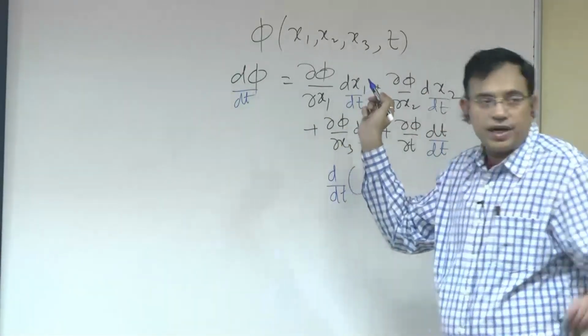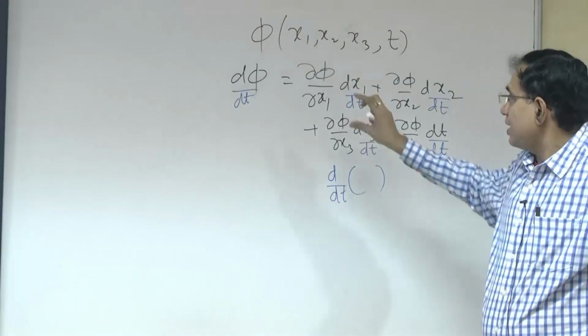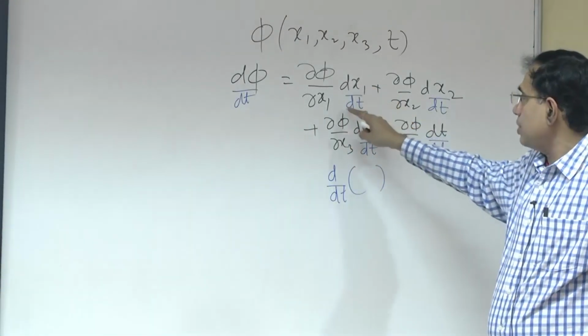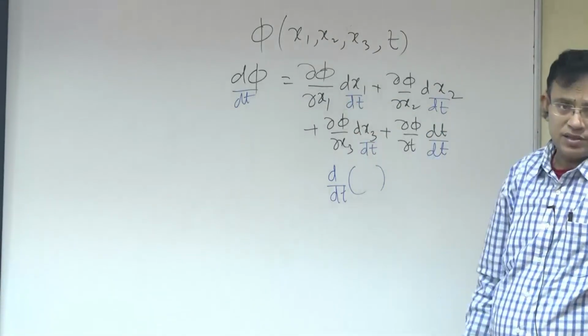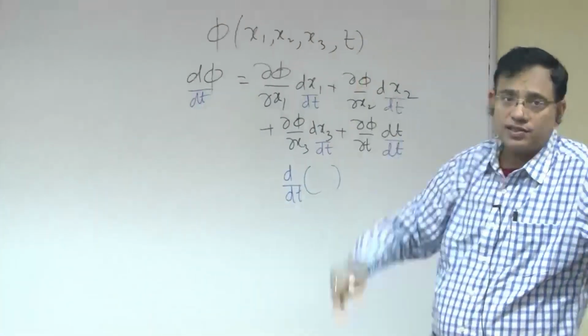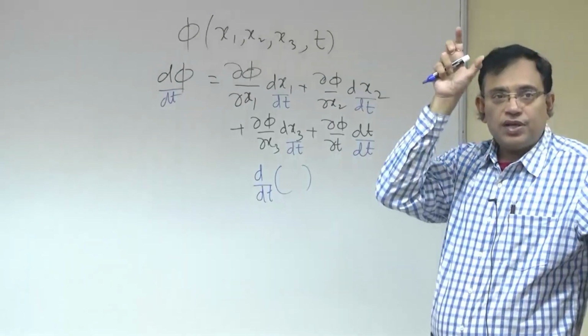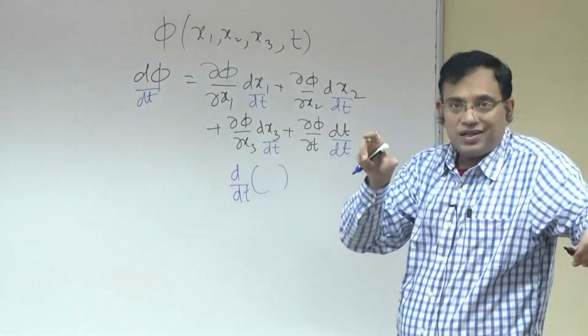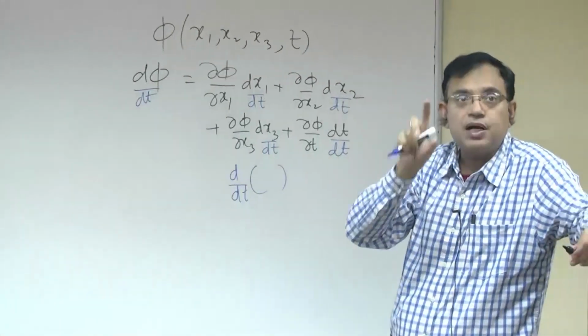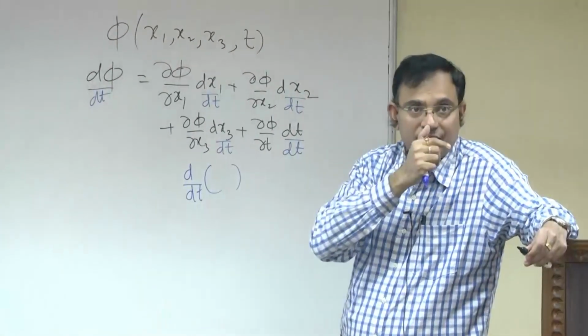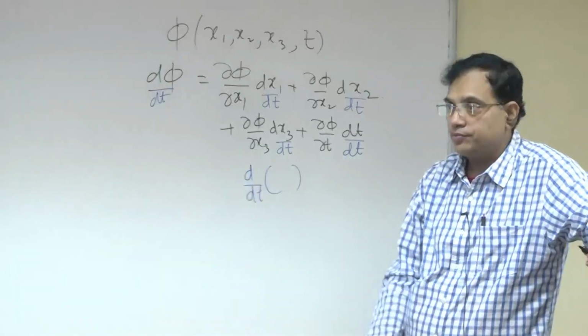I am writing it this way as if you have written delta x1 by delta t and taken the limit as that tends to 0. It is just a short way of writing the same thing. When you have delta x1 divided by delta t, it remains a division, but when you take the limit, it becomes an operation d dt, which you have to keep in mind.